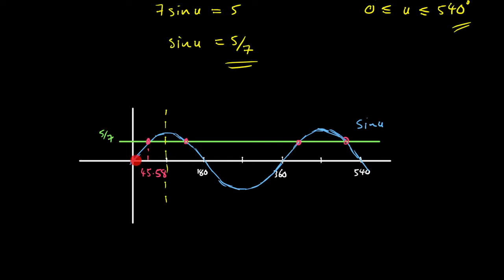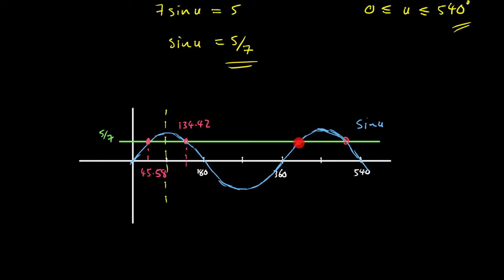So this distance, the 45.58 from 0 up to there, has got to be the same as that distance from 180 to our second point, right? So if we want to find this point here, it's going to be 180 minus the 45.58. So we do 180 minus 45.58, which will give us a value of 134.42.